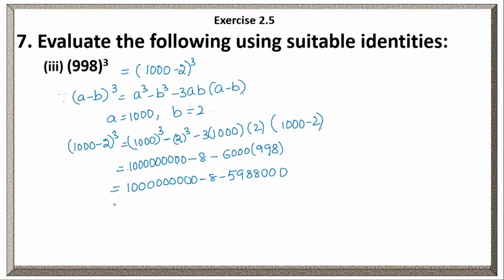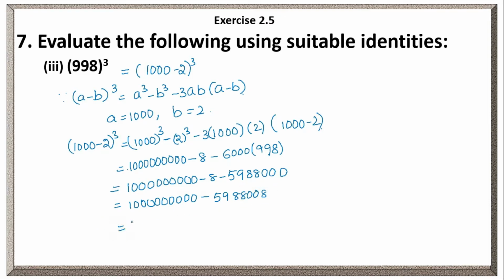Right? Now if we simplify more, 1 followed by 9 zeros minus 8 minus 59 lakhs 88,000 will become 59 lakhs 88,008. Clear?